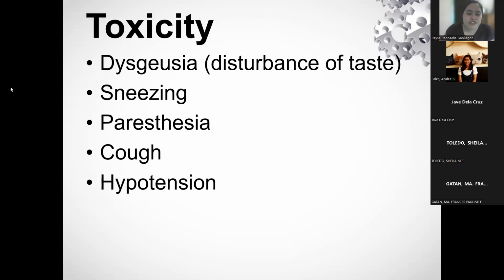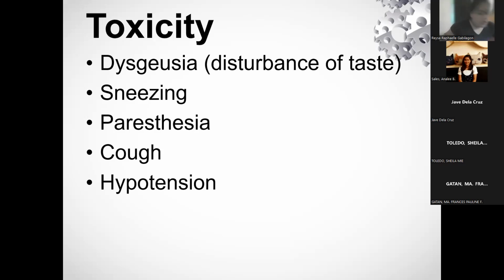However, even if this one is still being investigated, they have also determined the toxicity of vernakalant. So it also causes dysgeusia, that is disturbance in taste. There is a problem where the patient can't determine if the food is sweet or not.